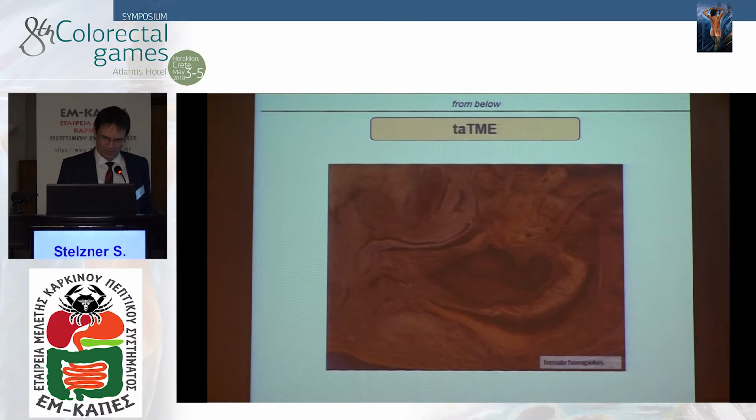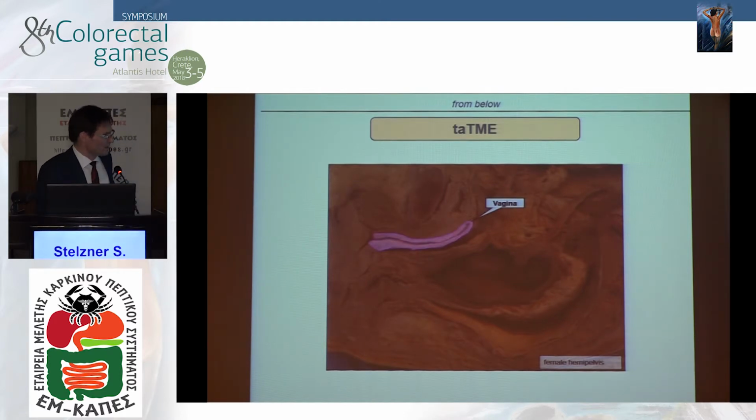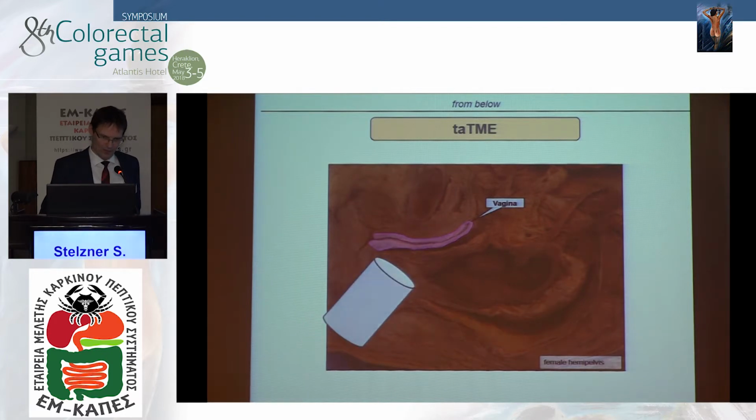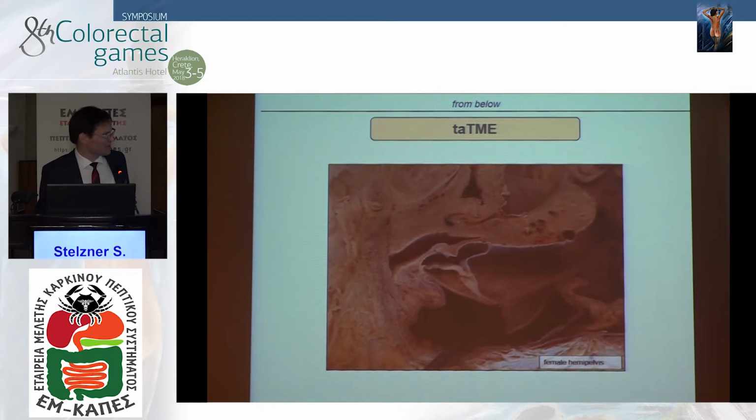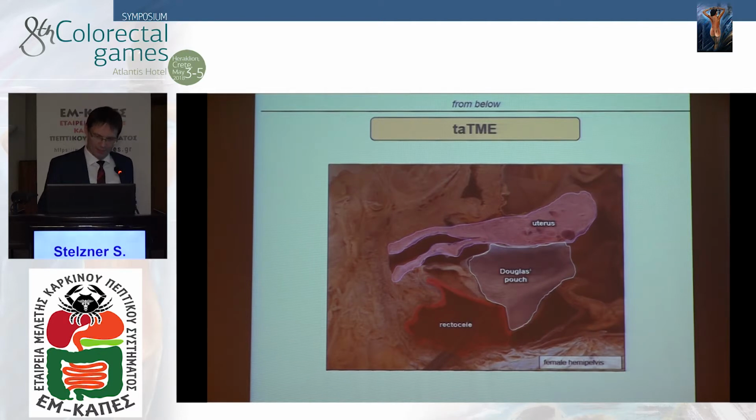So this is important. But of course, in females, you can get onto the back wall of the vagina, or if you have got pathological changes in the small pelvis, like this large enterocele, you can unintentionally enter the abdominal cavity.